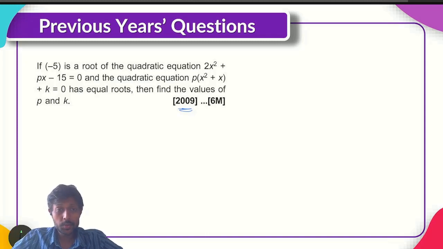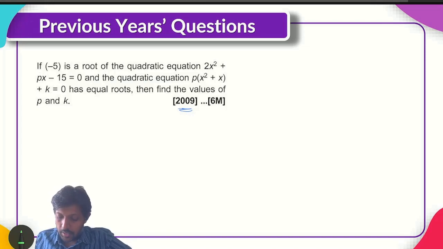Okay, let's look at the solution. The first statement says, if minus 5 is a root of this quadratic equation, that means if we put x equal to minus 5, LHS will be equal to RHS. Yes. Let's try that. That will give us the value of p.